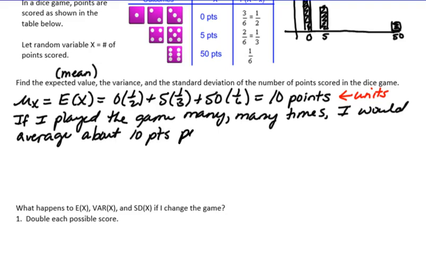Now notice that I would never score 10 points on any one game. So this is just the average over the long term. Okay, so we have E of x is equal to 10 points.